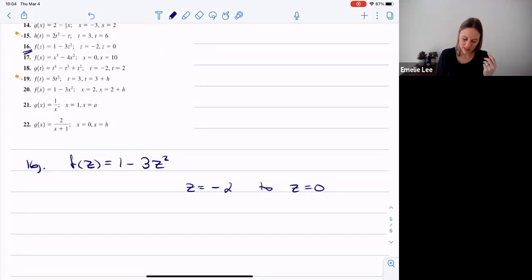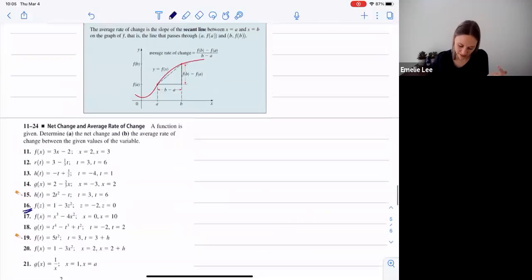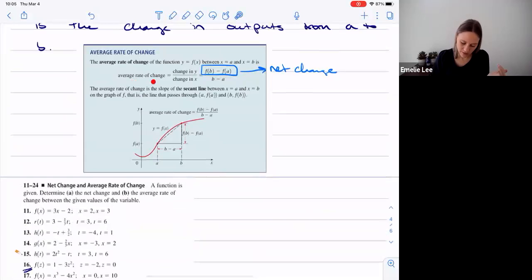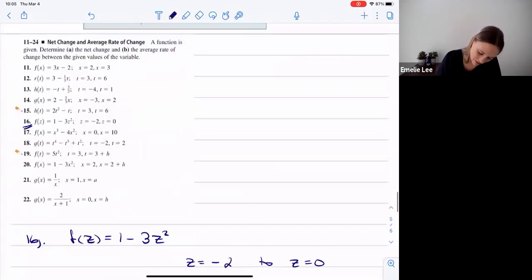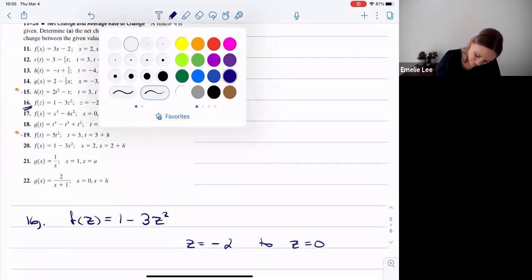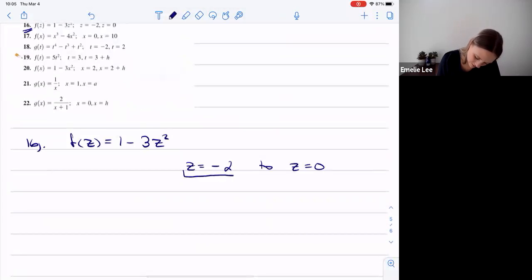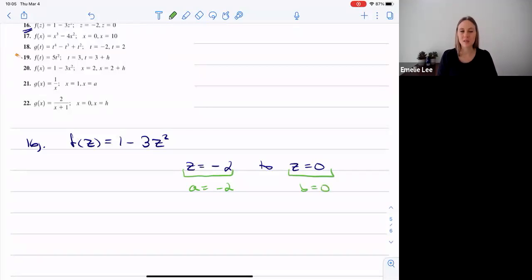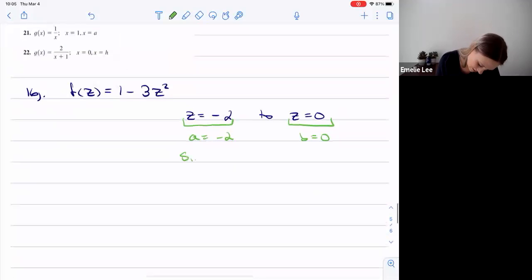In terms of the formula I have up here, where the average rate of change is f of b minus f of a, remembering that a has to be less than b, let's map that out. So a is -2 and b must be 0, since a is less than b.